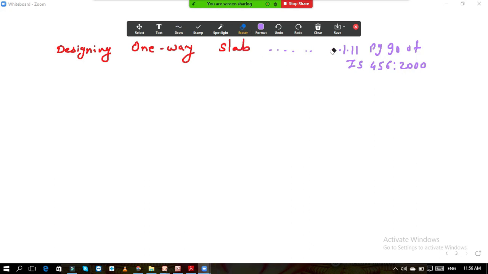Okay, this is D. So this is your first step. So we finalize that whatever slab we are going to design, that slab is a one way slab. This is your step number 1. Now for the remaining steps, how to design the slab, that we will see in the next lecture.